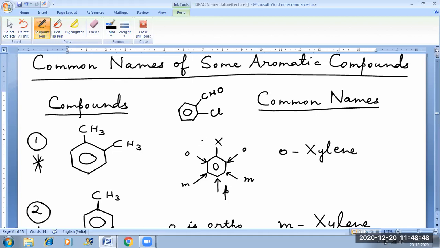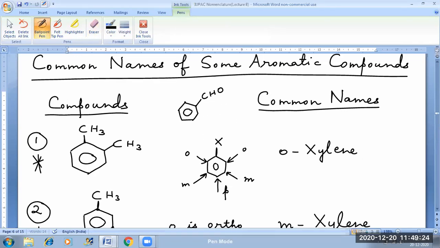Hence, I can say that both of these are attached at ortho positions. Ortho means adjacent positions, consecutive positions. So I can say that the chlorine atom is attached at the ortho position of benzaldehyde. Why? Because the chlorine atom is attached on the next carbon atom immediately after the carbon atom containing CHO. So these two carbon atoms are adjacent to each other.